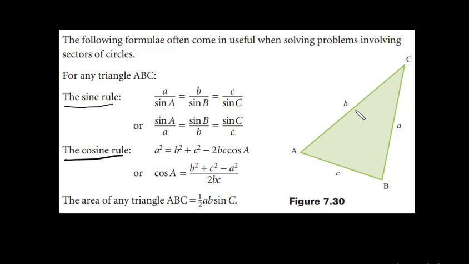Right here, side B and side A, so we have the sine of the angle in between, which is angle C. I will not go through this topic because we learned it before getting into P1.